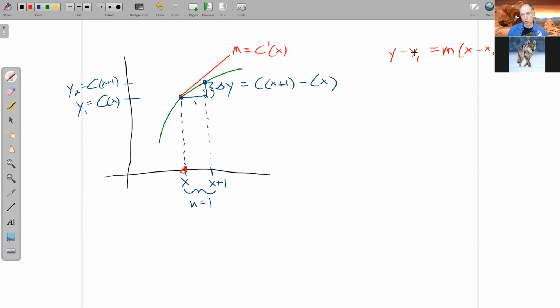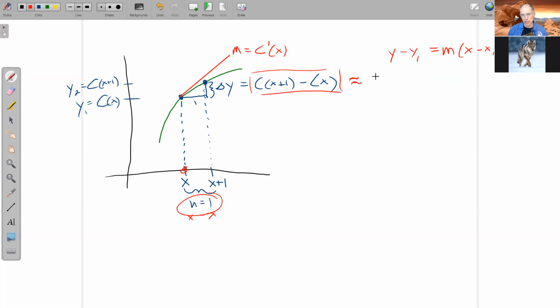The difference in my y values, I already mentioned, is this right here. And the change in x down here is my x minus x1. That's just 1, and my m is the slope.